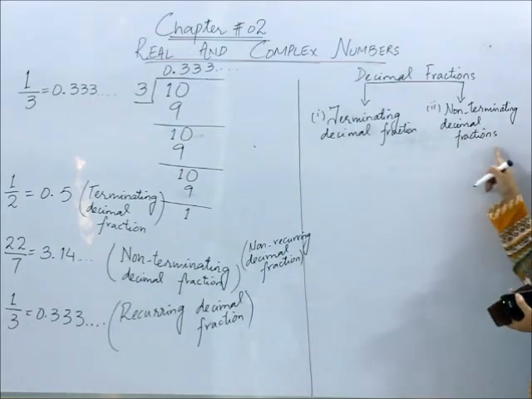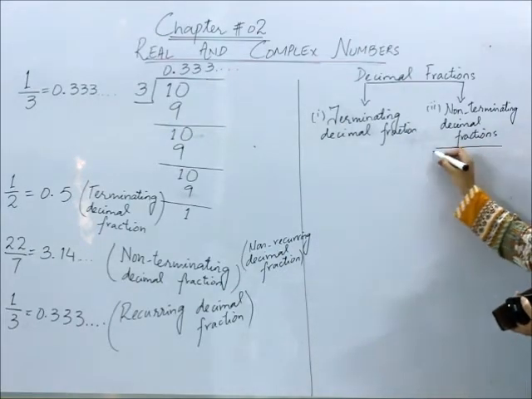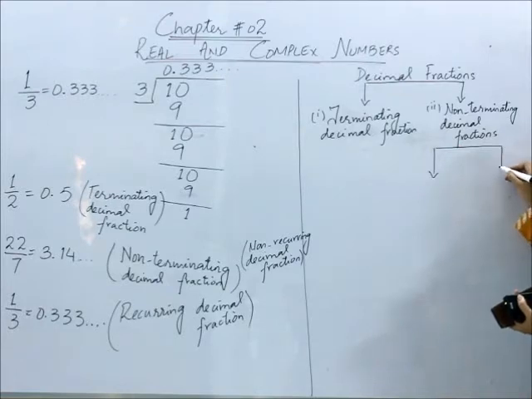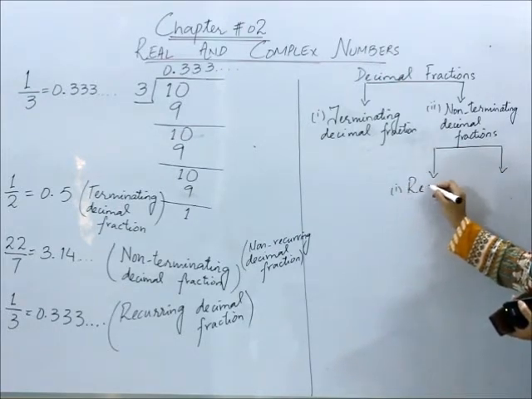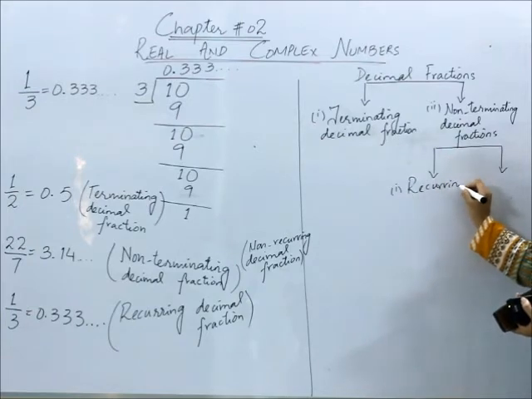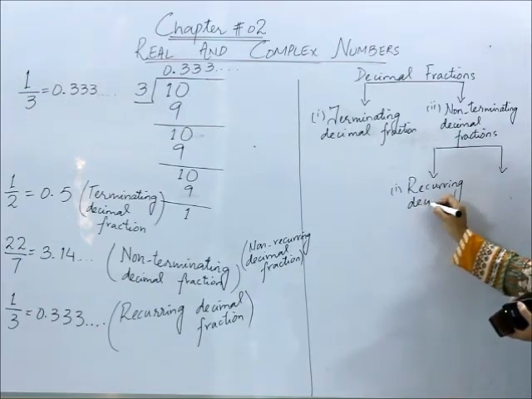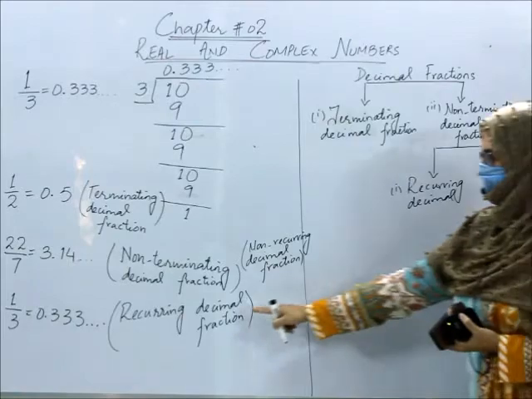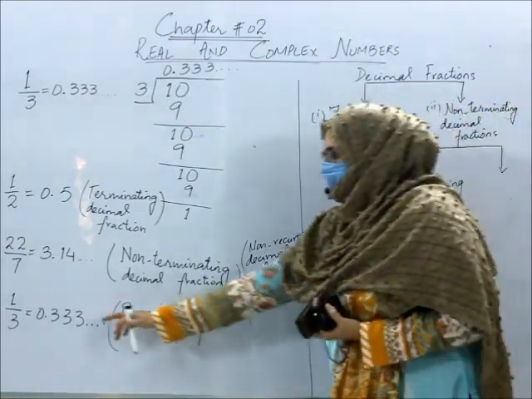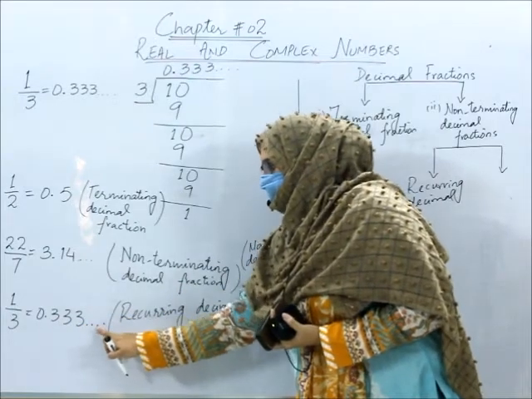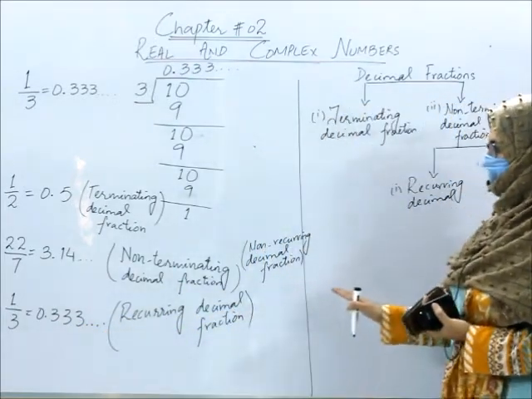Now non-terminating decimal fractions are further divided into two main types. One of them is called what? Recurring decimal fractions. What are recurring decimal fractions? Recurring decimal fractions are the fractions in which a digit or a group of digits after the decimal point will repeat indefinitely.